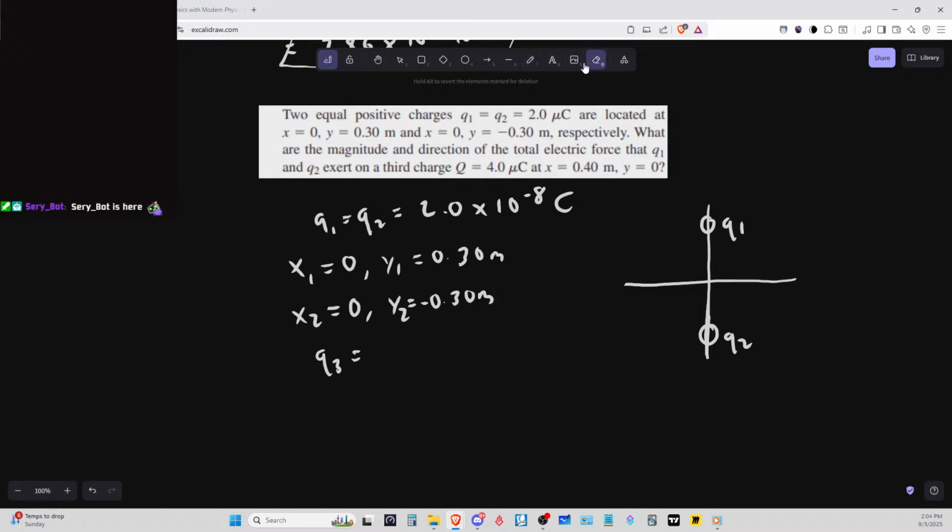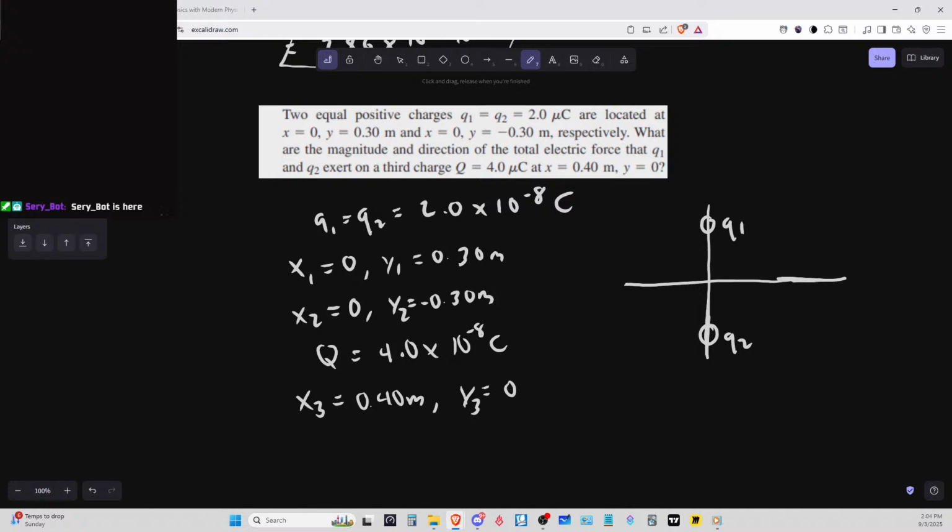We should probably just put that as big Q, which is 4.010 to the negative coulombs. And this location, we'll put it X3, so it's probably somewhere around right here, so this is Q.